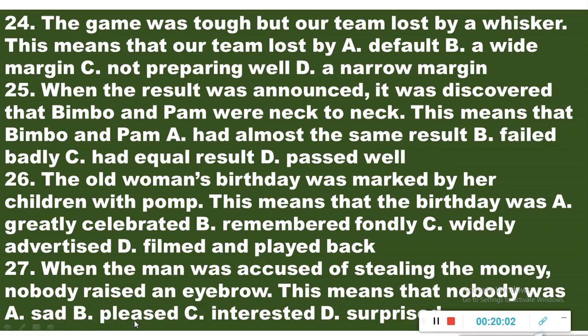B, pleased, no. C, interested, no. D, surprised. That actually is the kind of emotion that is referred to when we say that you raise an eyebrow. You express some surprise, probably mild surprise, or showing that something was unexpected.